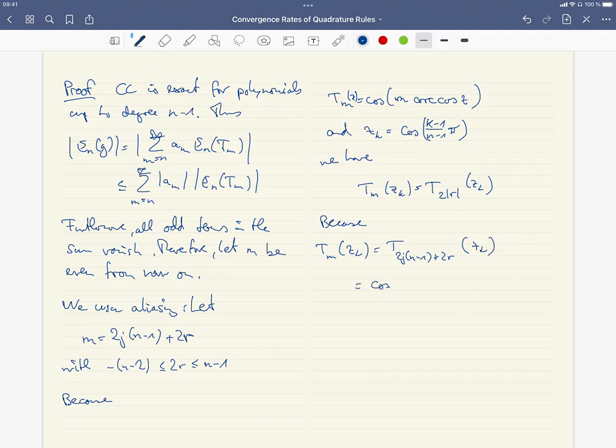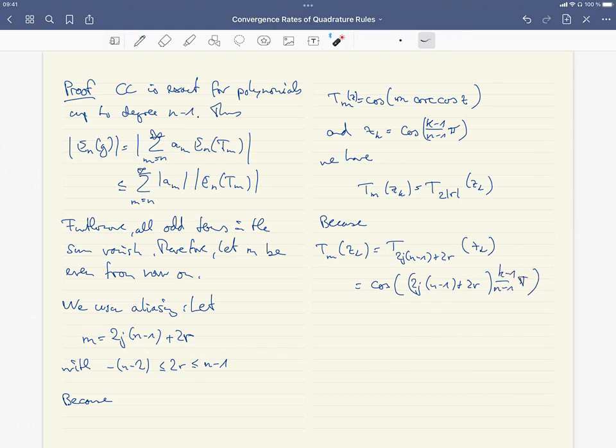So that's actually cosine of (2j(n minus 1) plus 2r) applied to arc cosine of cosine, so actually (k minus 1)/(n minus 1) pi.